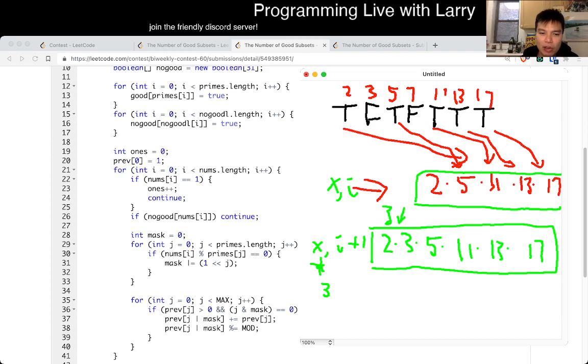So this count is going to be the number of this count plus the number of the previous count, right? So basically, now that you process a 3, you just add the number of ways to do that, right? So, to put it another way, and I'm going to get rid of this for a second.